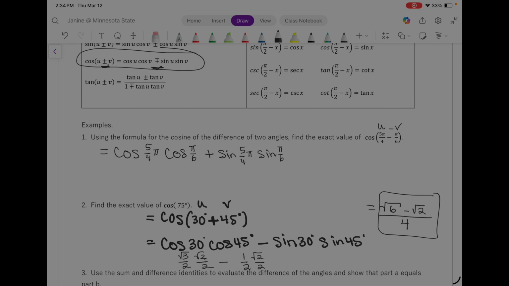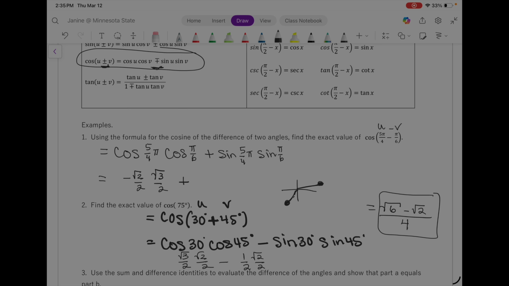Now, thinking of my unit circle, 5/4 pi is down here, okay? And pi over 6 is right here. So cosine of 5/4 pi is negative root 2 over 2. Cosine of pi over 6 is root 3 over 2. Then a plus sign.